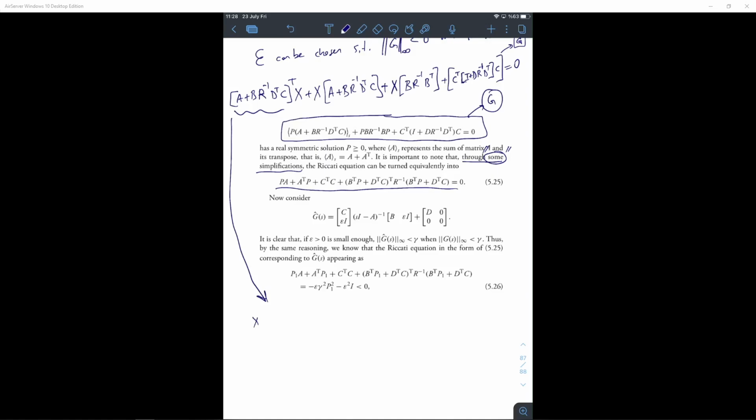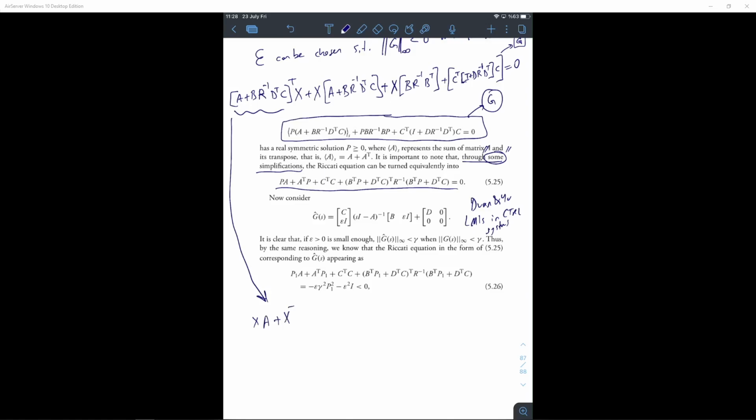By the way, this equation and this equation are literally the same, so I am directly using the book, Duan and Yu, LMIs in Control Systems.